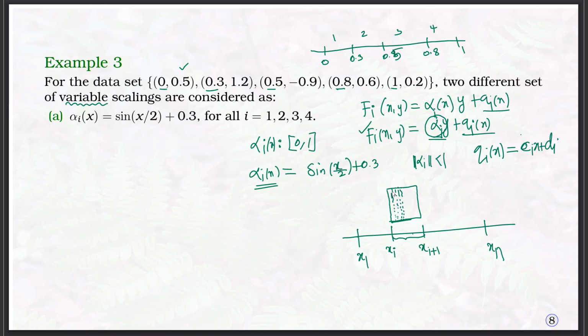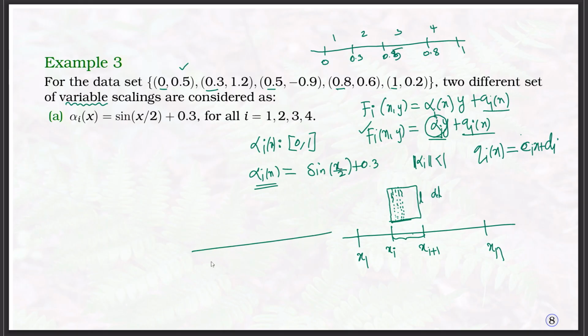That means if this straight line has length L, after applying the map F_i, this length will be reduced to alpha times L. Throughout this interval, the alpha is the same.